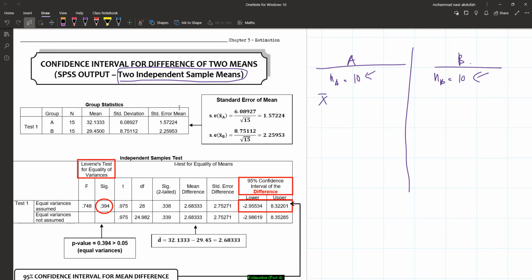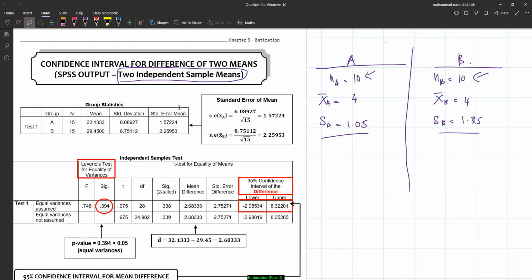So the mean age of A, let's say, is 4 years old. The mean of B, let's say, is also 4 years old. The standard deviation of A, let's say, is 1.05. The standard deviation of B, let's say, is 1.35. Right?